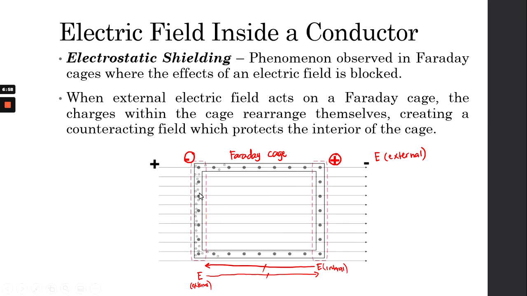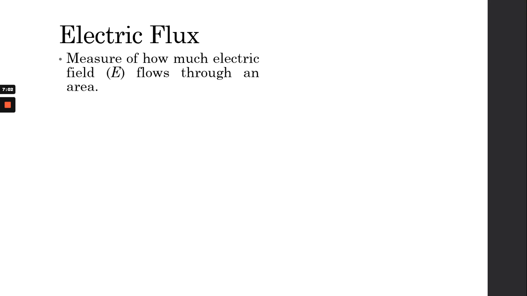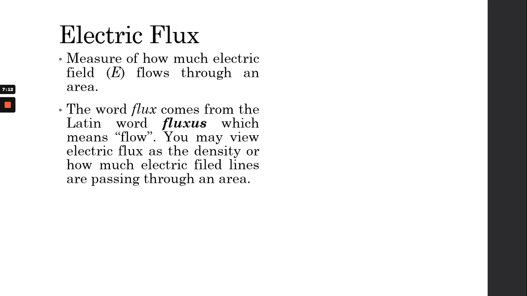But how is this related to electric flux? Well, basically, electric flux is a measure of how much electric field flows through an area. When we say an area, just think of it as a flat surface. You might be asking what does flux mean?